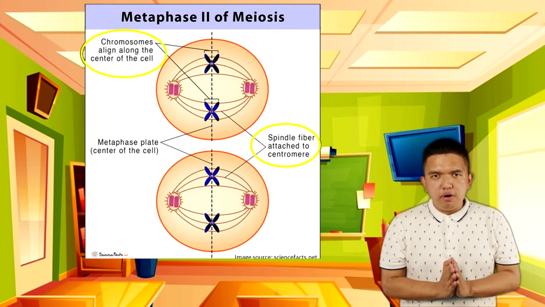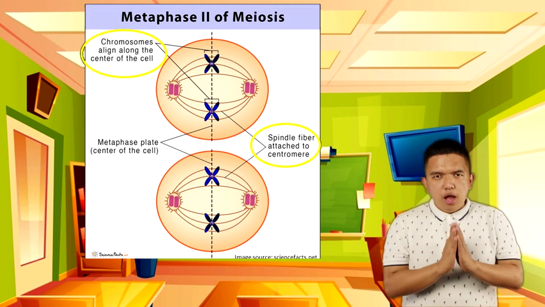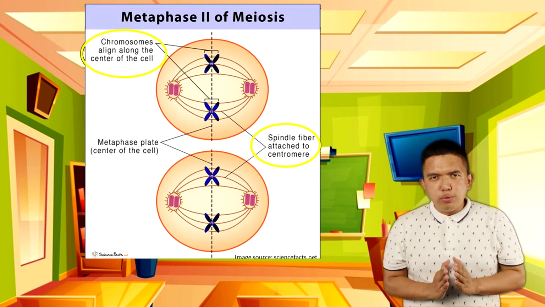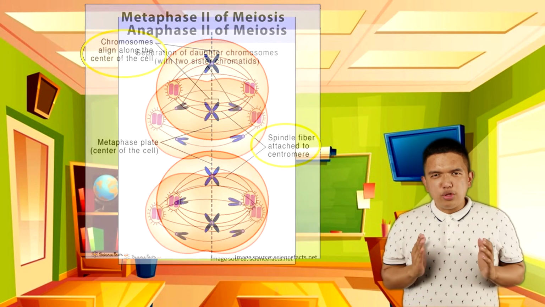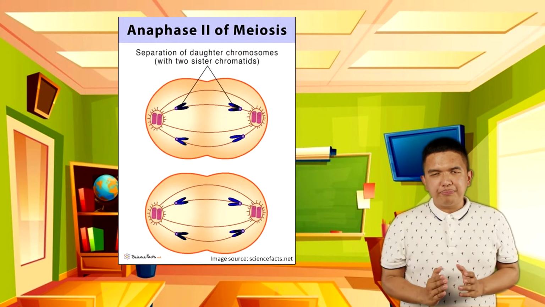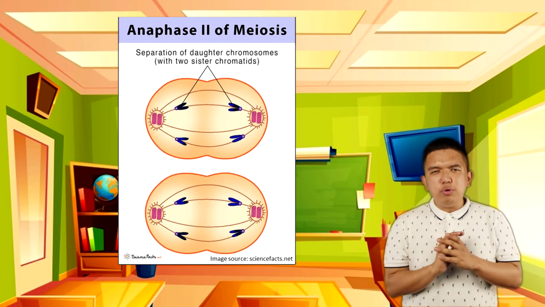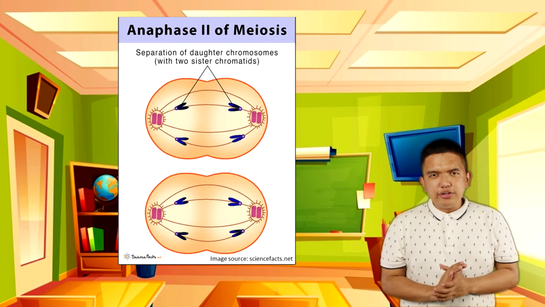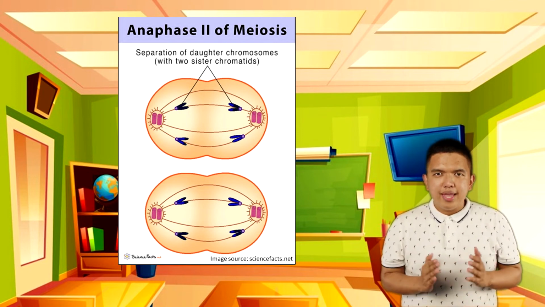Each chromosome of the sister chromatid is attached to the kinetochore microtubules from the pole and faces the opposite poles. After which it will move to anaphase II. The centromere separates and each individual chromosome from the sister chromatids migrates to the opposite cell poles.